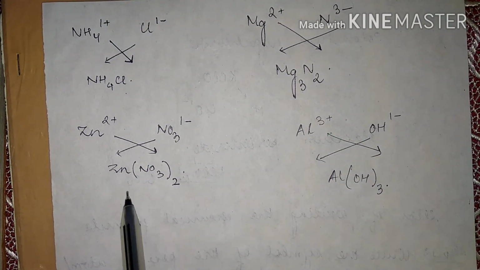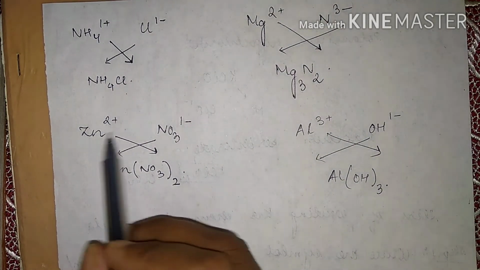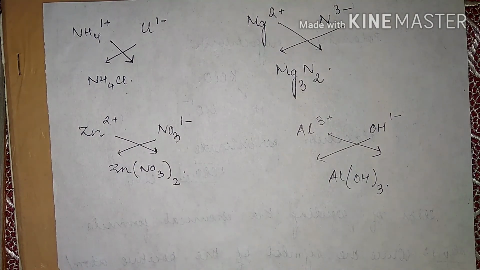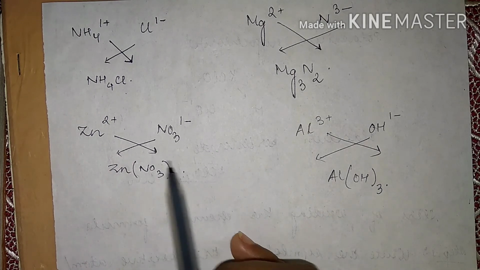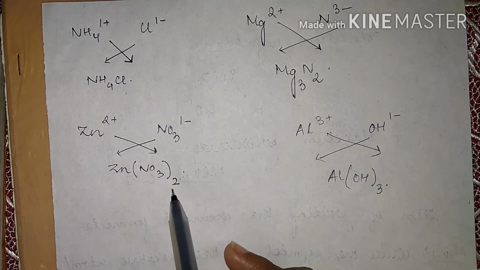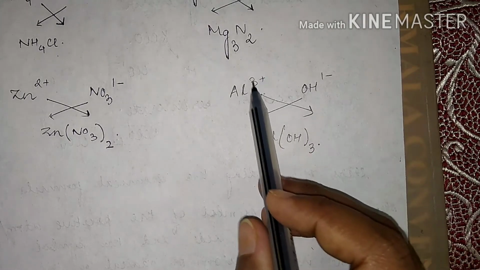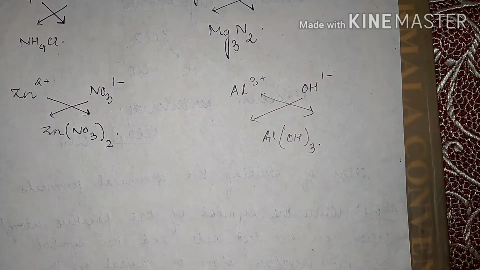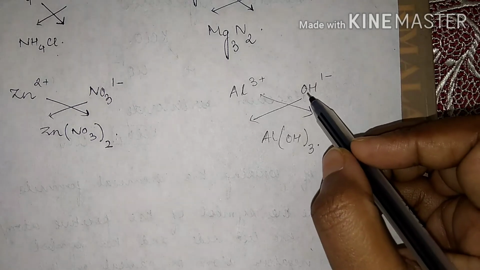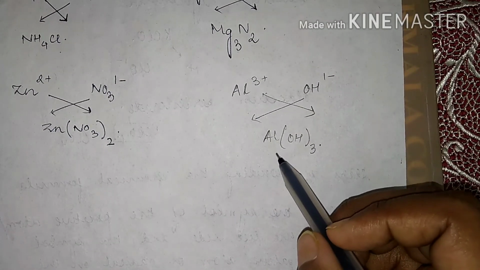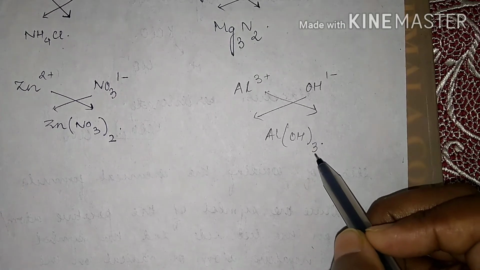Next we have zinc nitrate. Zinc with valency 2 plus and nitrate with the radical valency of 1 negative. So after interchanging, zinc and NO3 whole 2, Zn(NO3)2. Aluminium hydroxide is aluminium 3 plus, we know the valency of aluminium is 3 plus, and OH 1 negative. So after interchanging it comes out to be Al(OH)3.